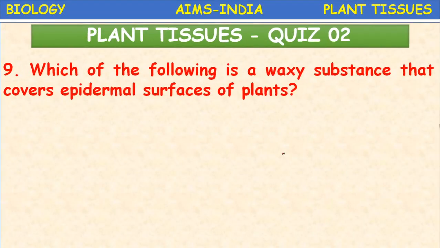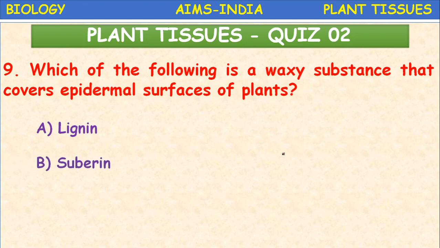Next, which of the following is a waxy substance that covers epidermal surface of the layer? So epidermis will form the outermost layer, which is made by a waxy like substance, which is impermeable to water, okay, which prevents the water loss. It is present in, I am giving a clue, the desert plants like cactus.